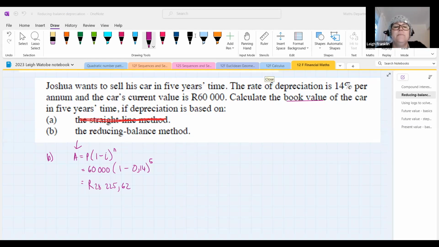Yamkela, that's interesting. Are you using the right formula? Because yours, Yamkela, means that the car is going to be worth more in 5 years' time and not less. Are you subbing into A equals P(1 minus i) or (1 plus i)?